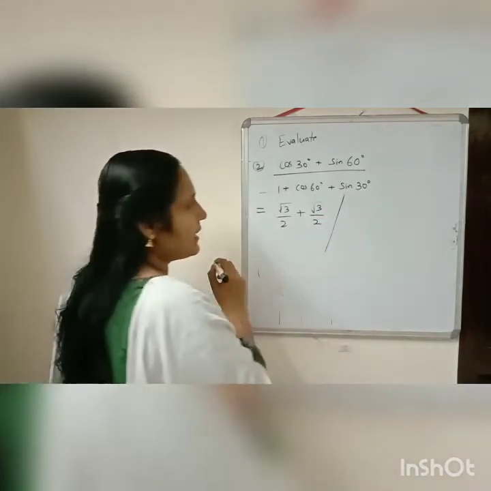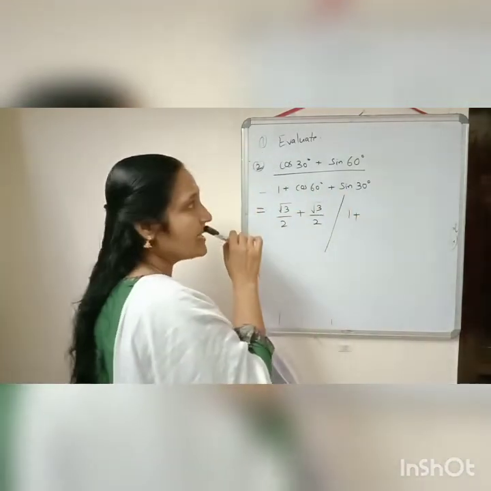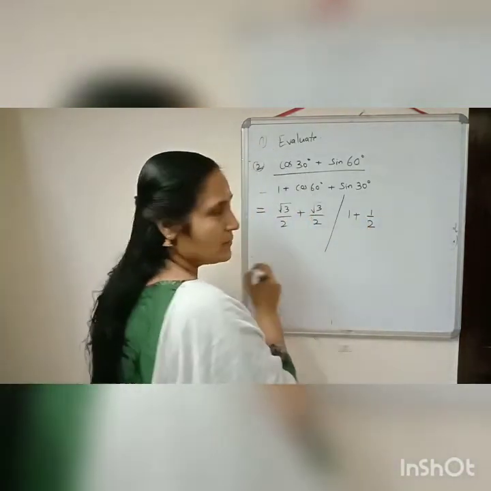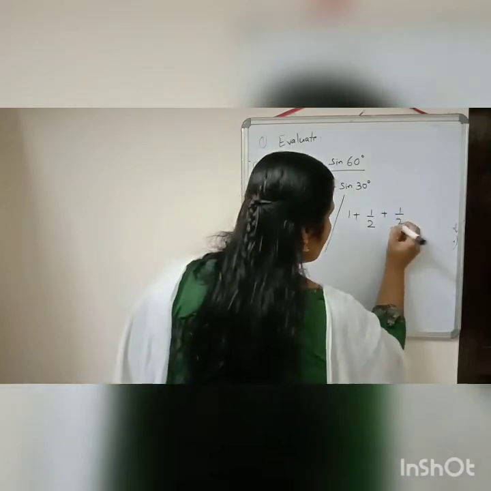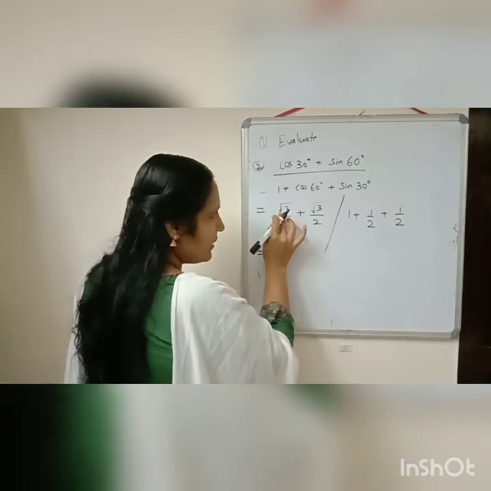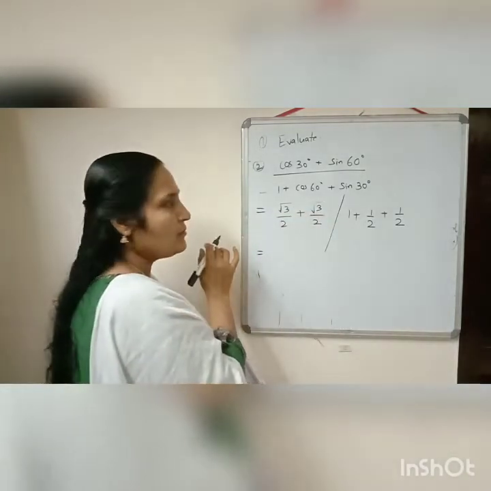Whole divided by 1 plus, what is the value of cos 60 degree? Yes, cos 60 degree is 1 by 2. And what is the value of sine 30 degree? Sine 30 degree is also equal to 1 by 2. So here the denominators are the same, so directly we can add the numerators.